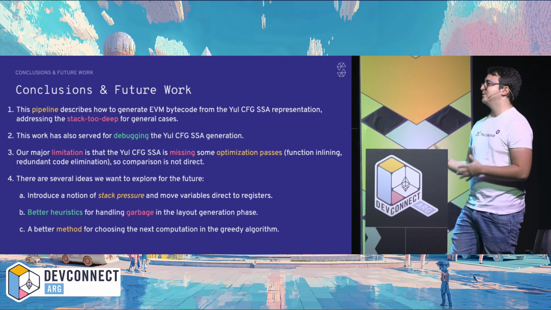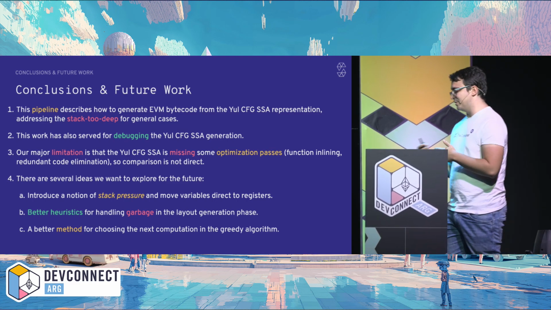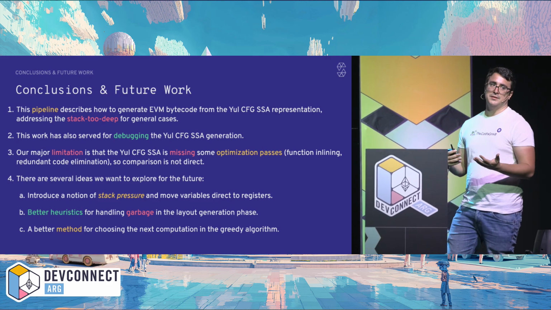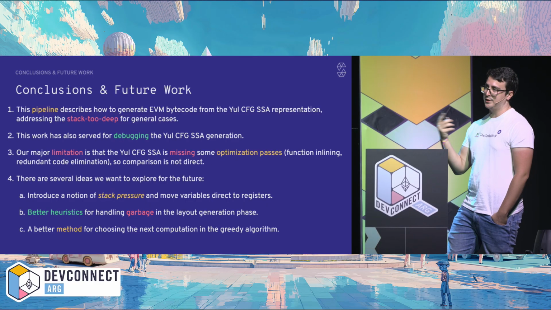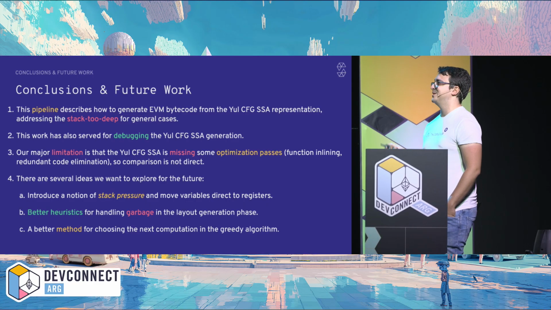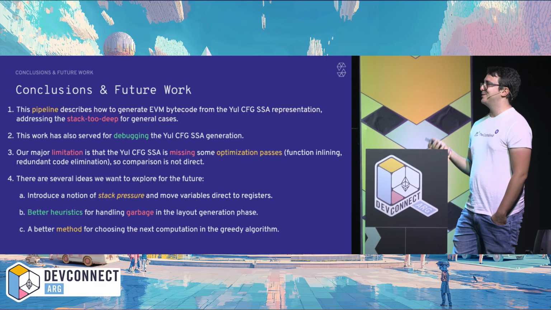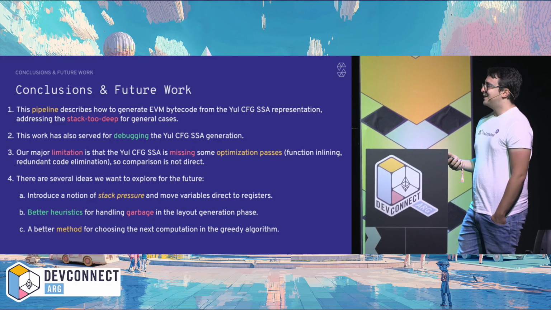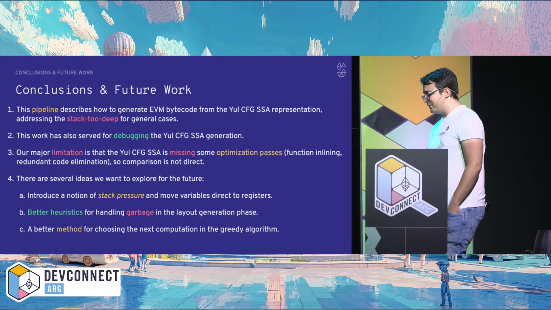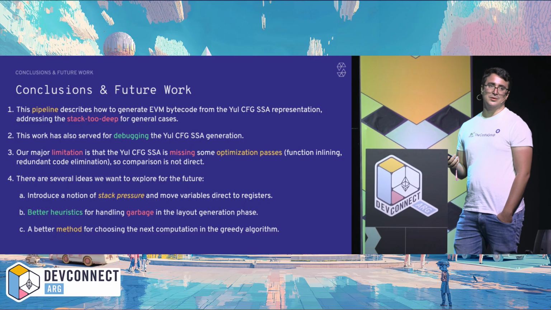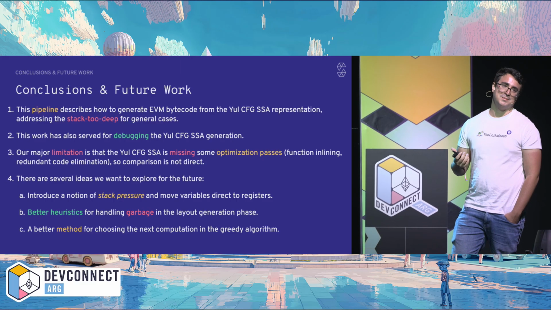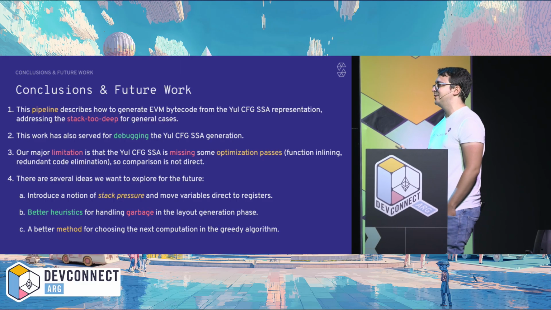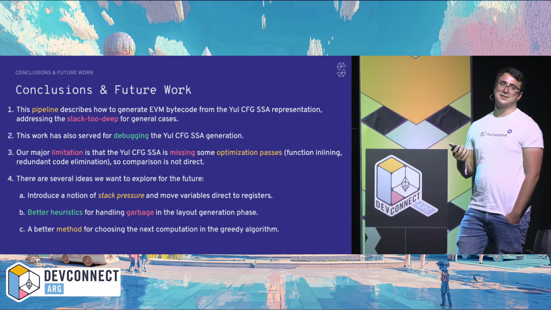We have been discussing the best exchange format for the Joule control flow graph representation from the Solc compiler, and we have also done a lot of debugging together with them, because in the end, having a stable version that works and passes all the tests shows a lot of bugs to fix. One of the main limitations we have so far is that this Joule control flow graph generated from the compiler is missing some optimization passes, because these are done at the level of the EVM bytecode in the compiler, so we don't have access to them.